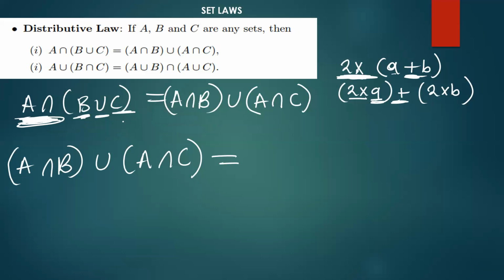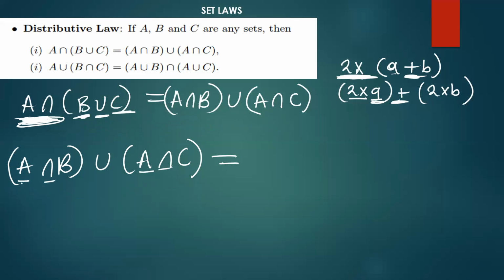So I'm going to look for what is common in both brackets, in this set of brackets and also this other set of brackets. When you look at the common elements there, you can see that A is common. We have intersection and intersection, they are common.